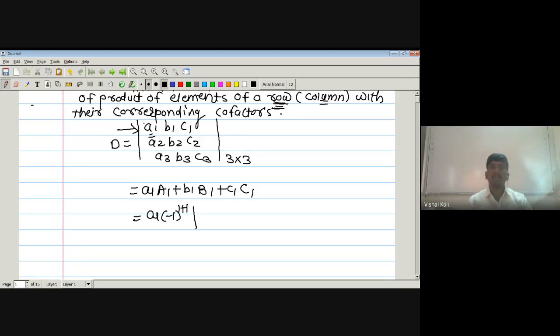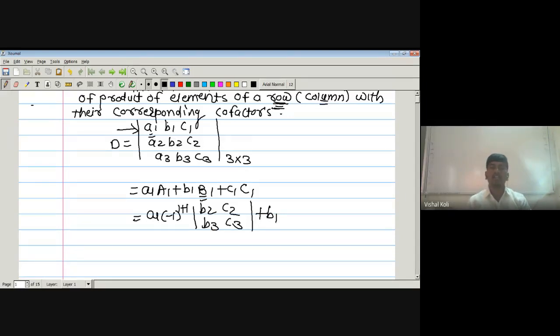Its minor is, if we have to find out the minor of a1, then we have to suppress the row and column corresponding to that element. Therefore here we suppress the first row and first column, then the minor is the determinant with rows b2 c2, b3 c3, plus b1. Now we have to find out the cofactor of this small b1.